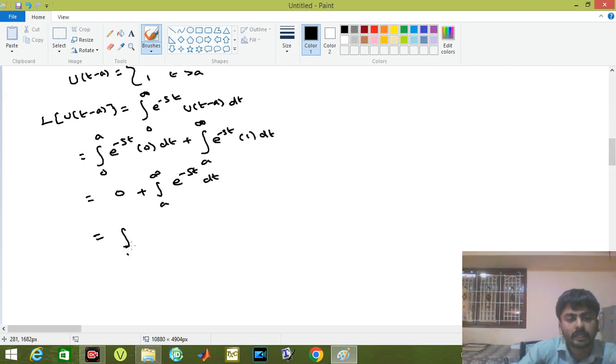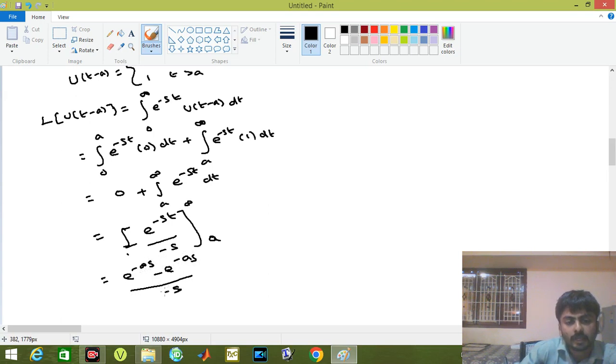And here you are getting the integral, it is e power of minus st divided by minus s, we are putting infinity and a here, e power of minus infinity minus e power of minus as, okay, divided by minus s.